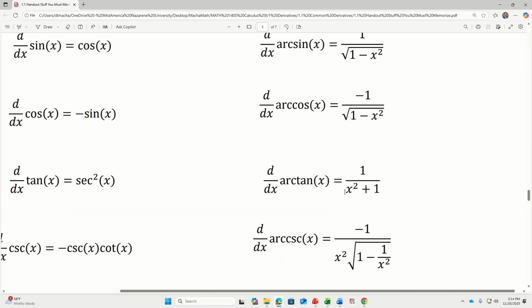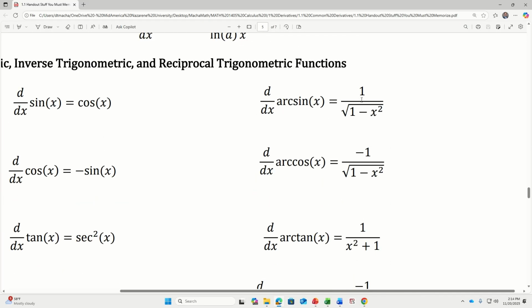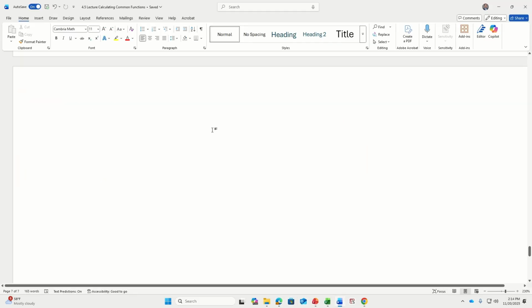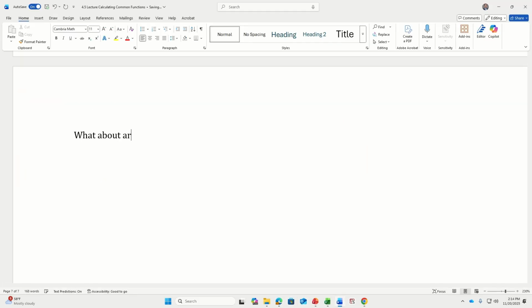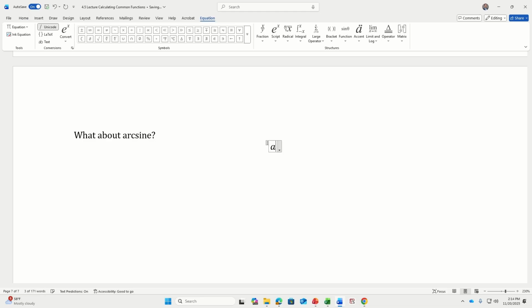Like if I wanted specifically to get arcsine, it's 1 over square root 1 minus x squared. So arcsine of x would be the integral from 0, since arcsine of 0 is 0, of 1 divided by square root 1 minus t squared dt.